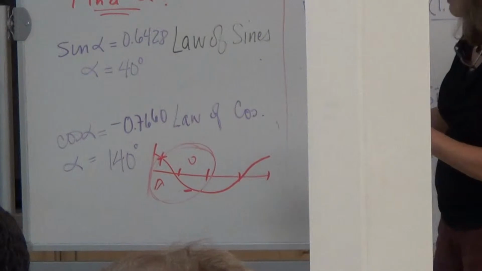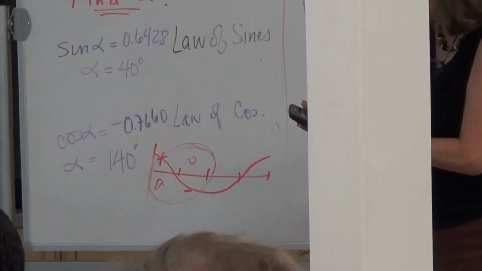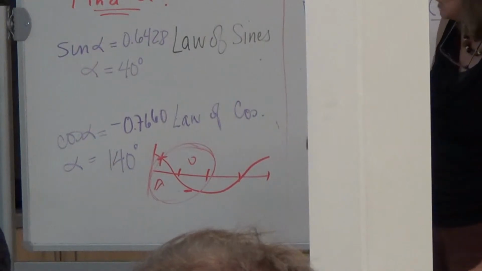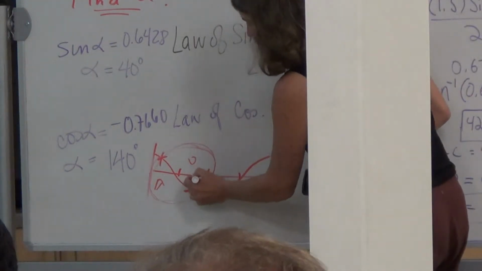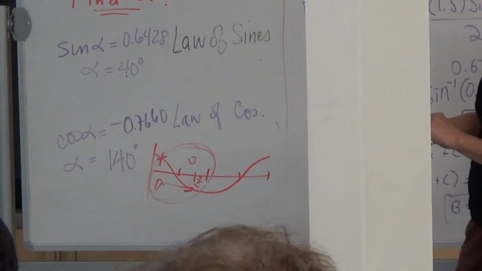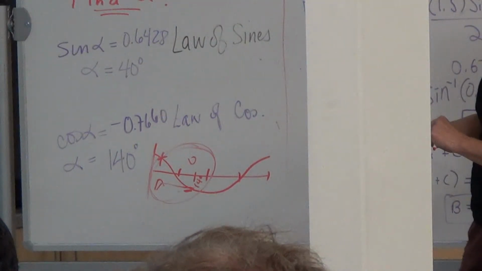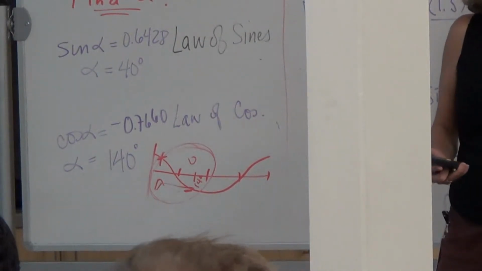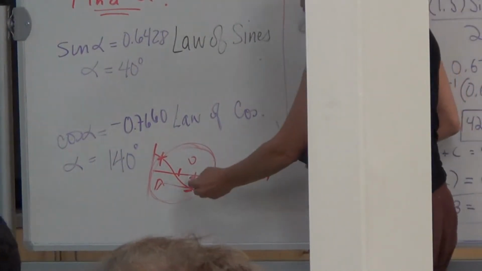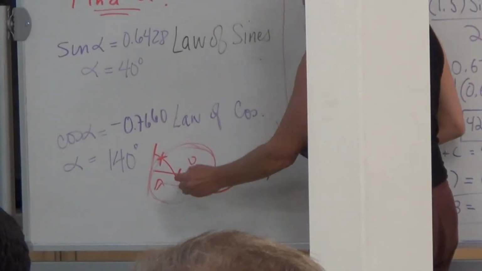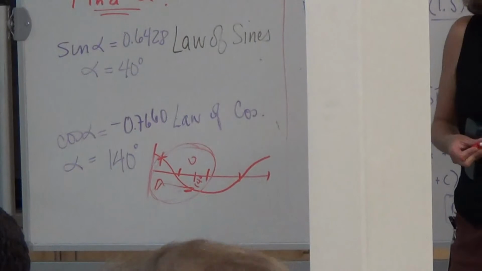So if you have negative 0.7660 and you say inverse cosine, you're going to get the 140, because it's a negative. If you put in positive 0.7660 and you say inverse cosine, well then you're going to get the 40 degrees. So cosine is helpful because it's positive when it's acute, and negative when it's obtuse.